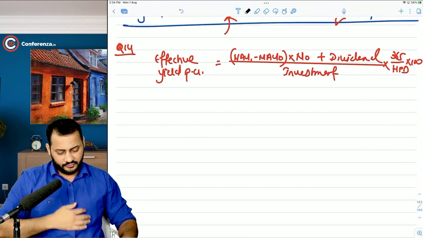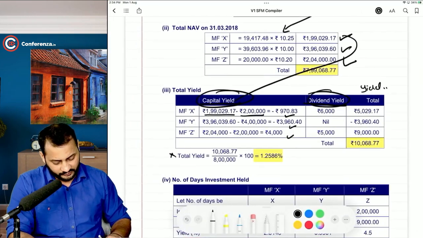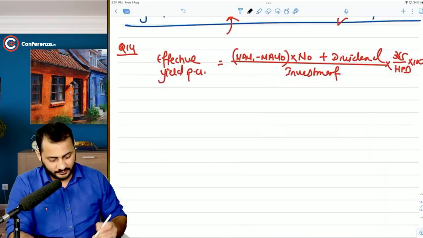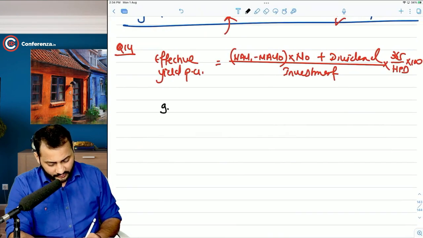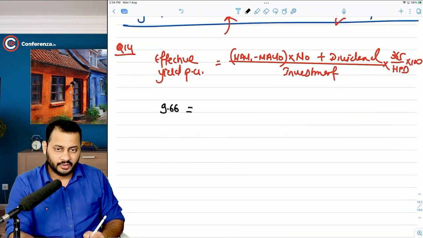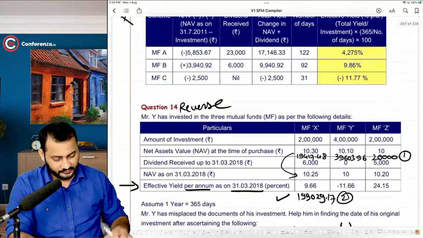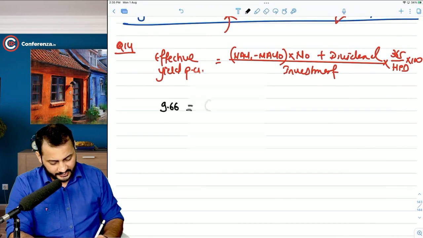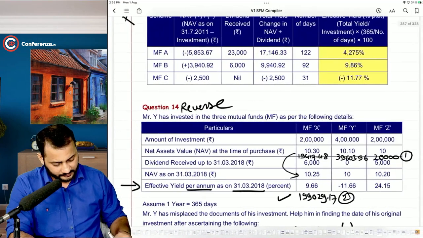So have a look. We'll just try solving the first part. What is the effective yield for the first part? It is 9.66%. So what I'm going to do, write down 9.66 on this side. What are the closing NAVs? 10.25 and 10.30. So can I write it like this? 10.25 minus 10.30 into the number of units.